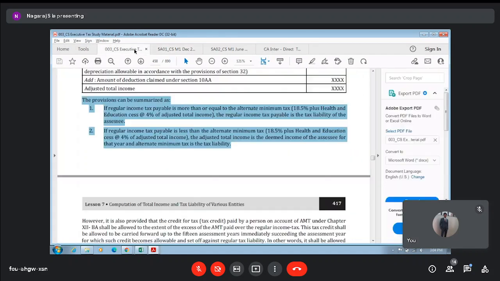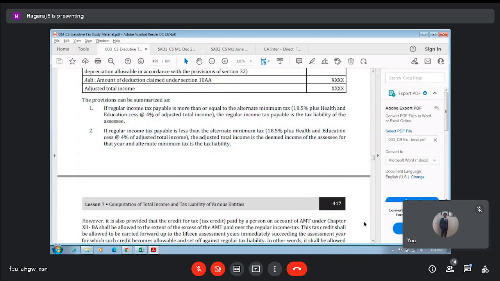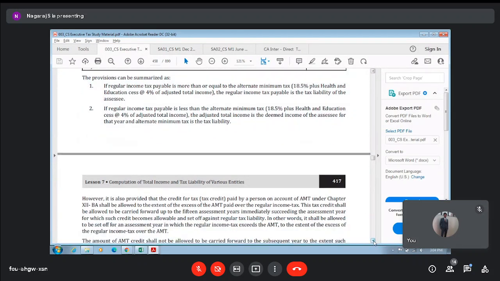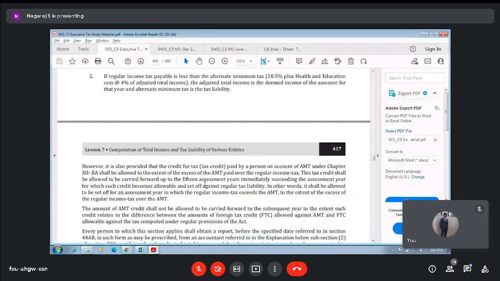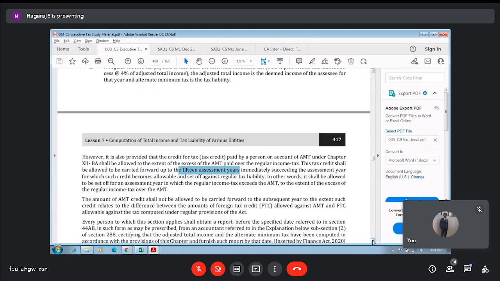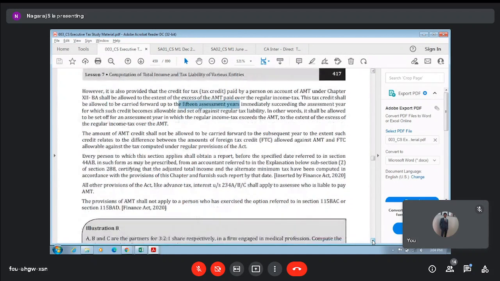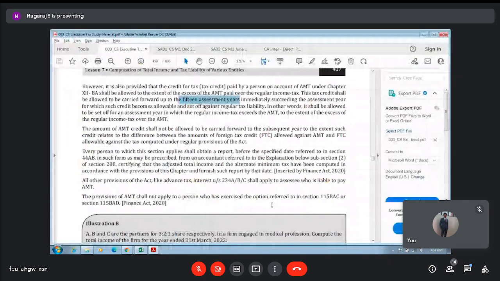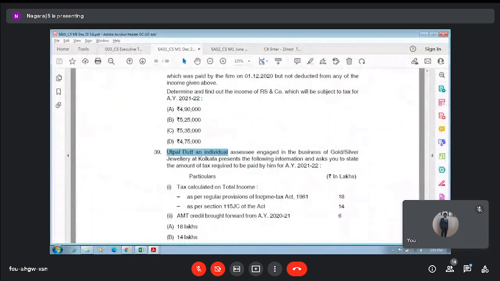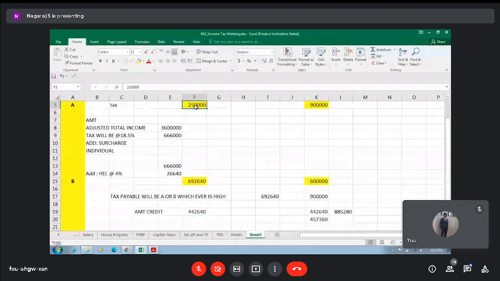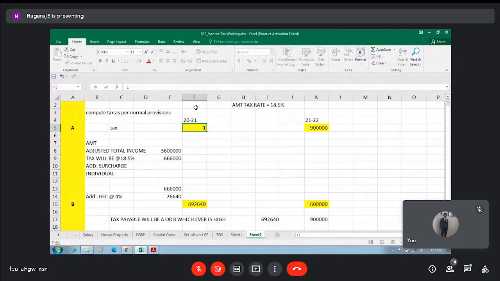What is the tax credit? Have they given the section? Okay. See, normal provision tax, how much they have given? 18 lakhs.